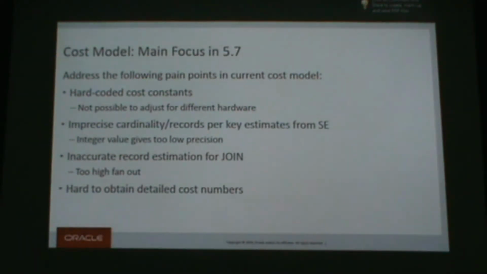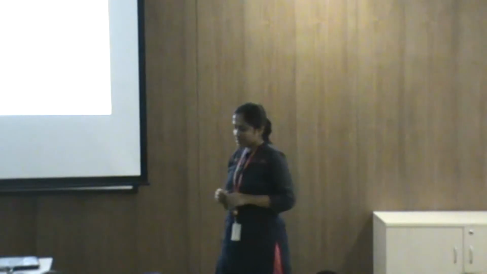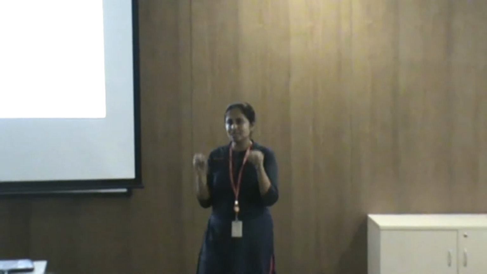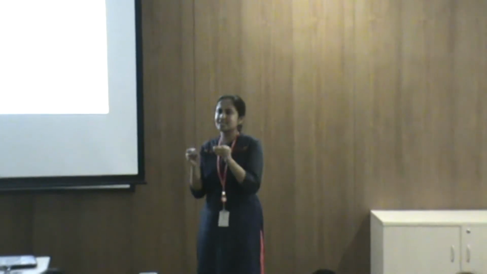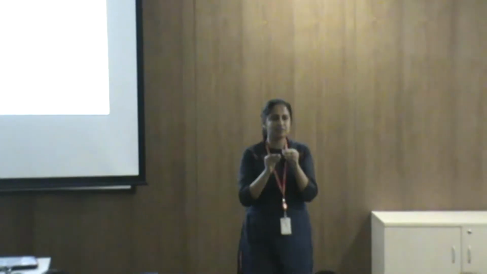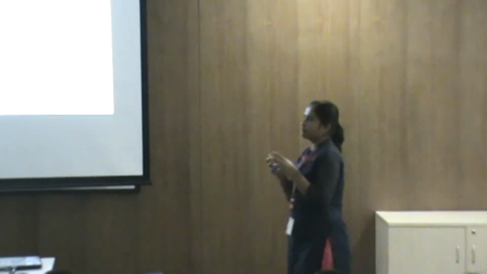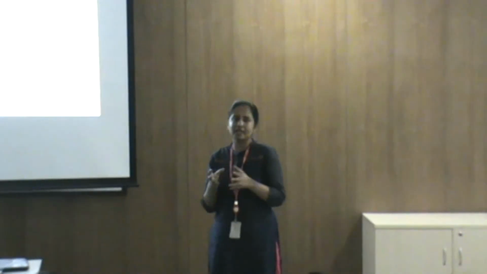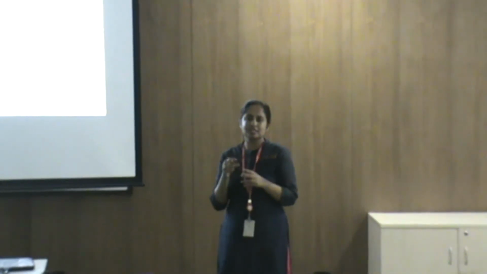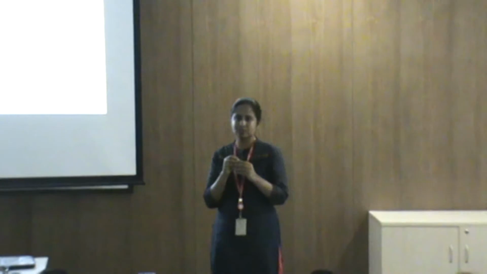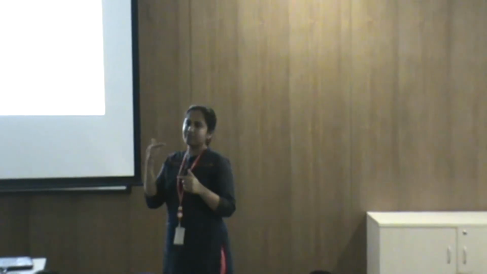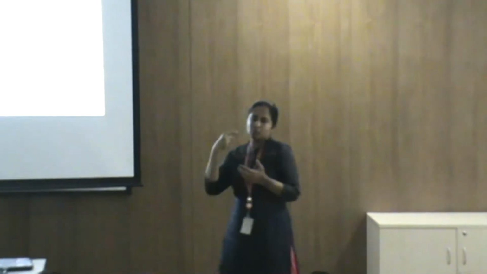And then the next thing is cardinality. When I say cardinality, or records per key, this is the most important statistic that the storage engine gives the Optimizer. So what is records per key? For example, if I have a where condition on a field which is uniquely indexed, then for every key value you are looking at, say, one row.